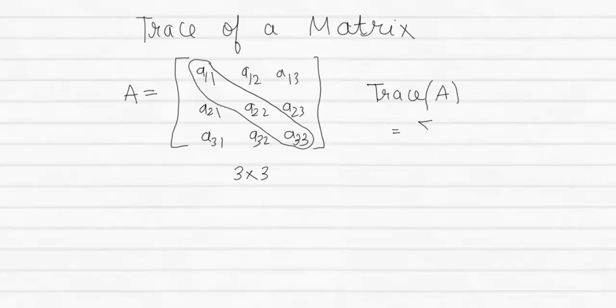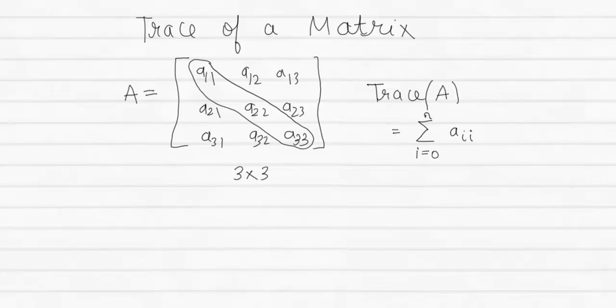So we can also write it like this: the sum from i equal to 1 to n of aii, because if you recall, all the elements in the principal diagonal can be represented by aii, because the row and the column that they are in are basically the same.